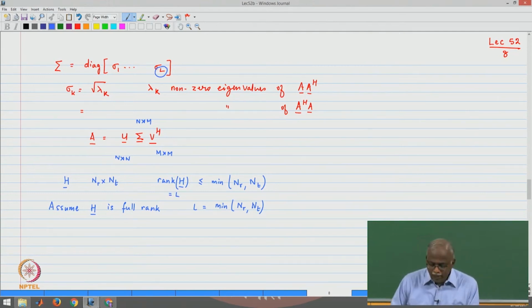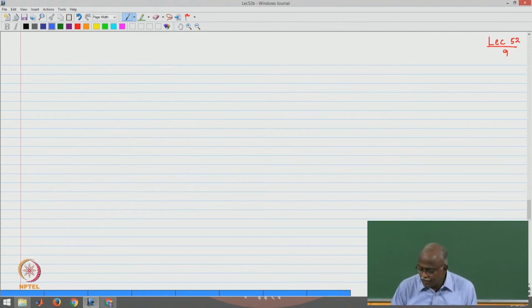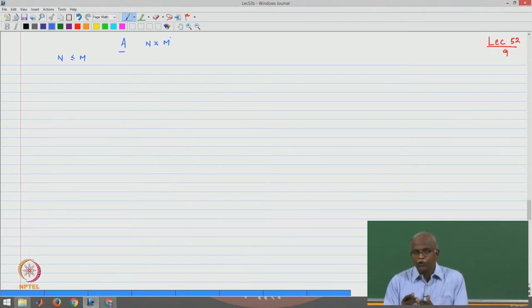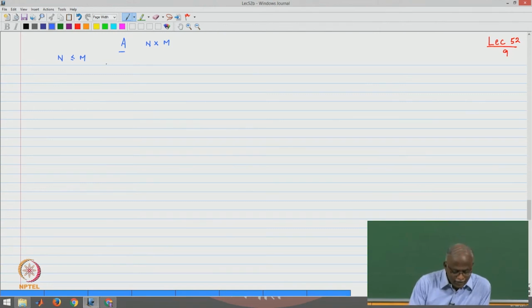So, in our case we can have two options. It could be the case where n is less than or equal to m, where we are looking at the matrix A of dimension n cross m. That means the number of rows is less than the number of columns. In such a case, the rank would be equal to n, which is the lower dimension.